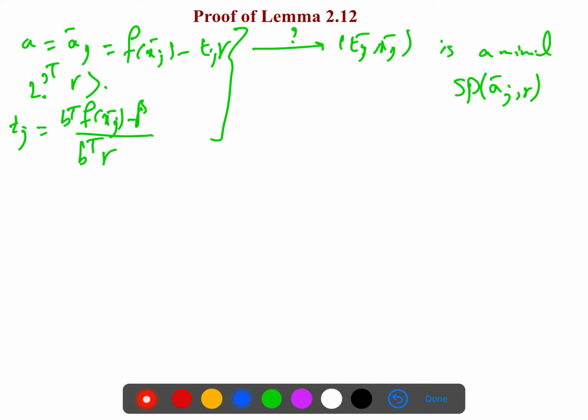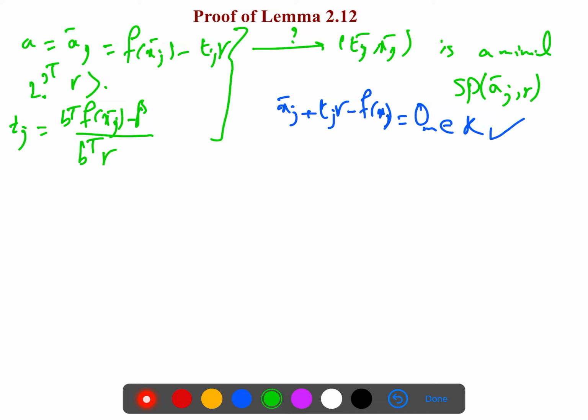So I want to prove that. Already xj is a feasible solution, because if you write this one minus f of xj bar, it is 0. And that belongs to k, so no problem, it's feasible.